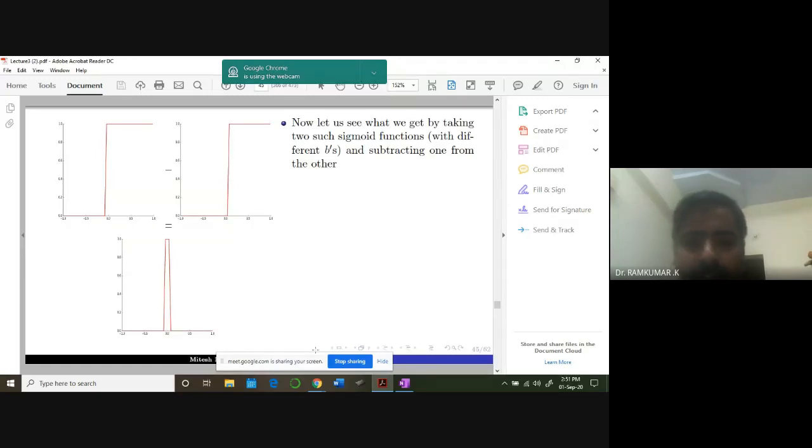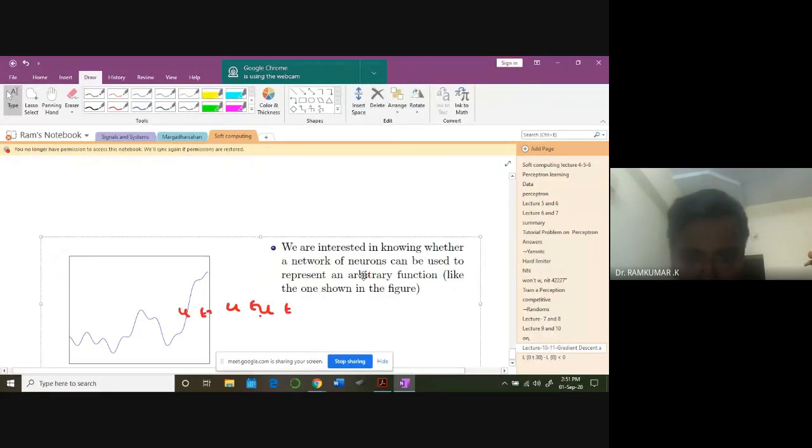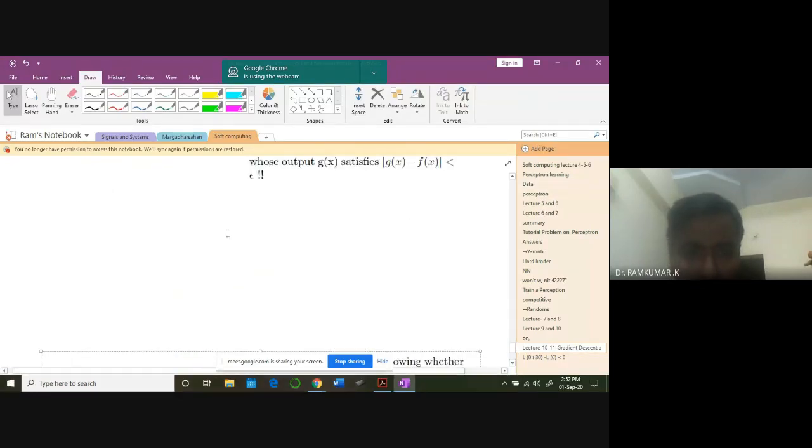In fact, you might have learned that in signals and systems. You take u of t, the unit step function. u of t is going to be my signal like this.